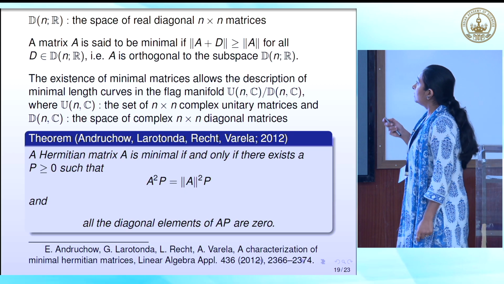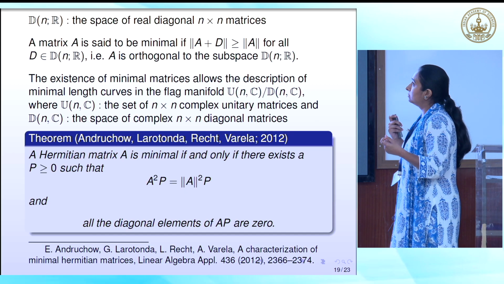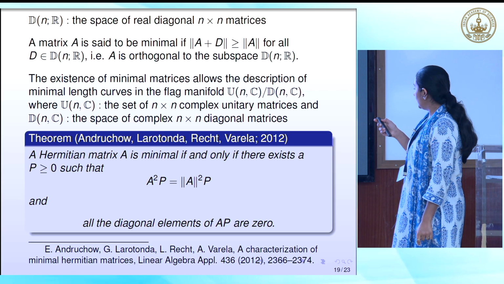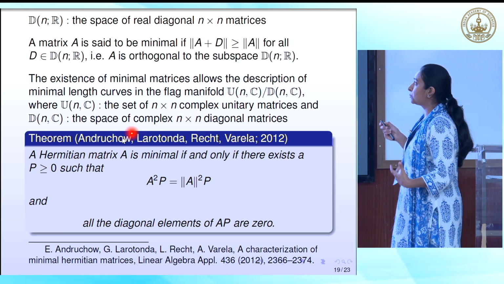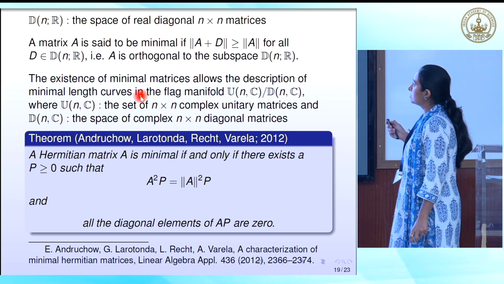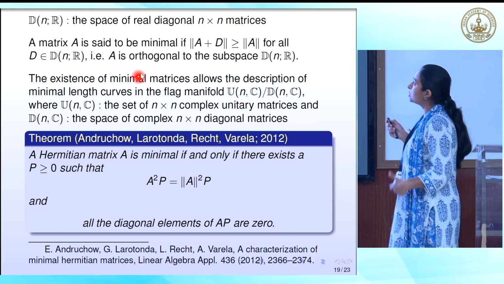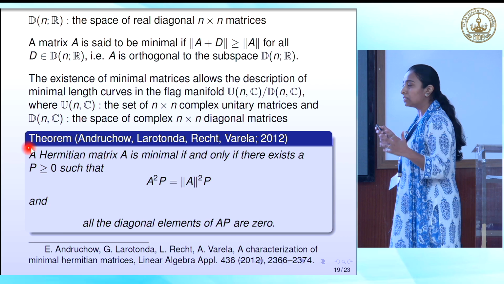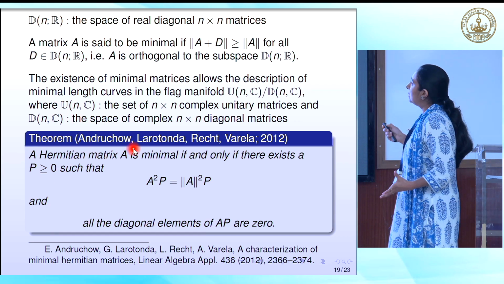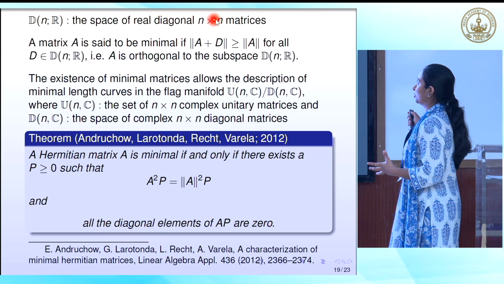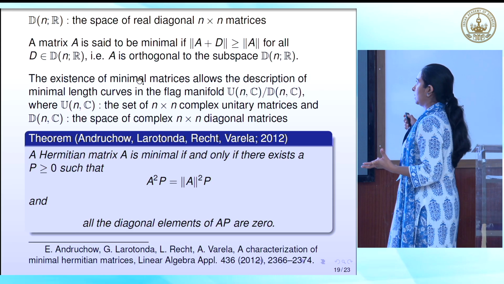Okay. These are also related to another area which is now coming up, minimal matrices. What they do is that they allow the description of minimal length curves in this flag manifold. Okay. So the existence of minimal matrices allows some description of these minimal length curves in this particular manifold. But minimal matrices are nothing but really our relation of orthogonality in a very special case.